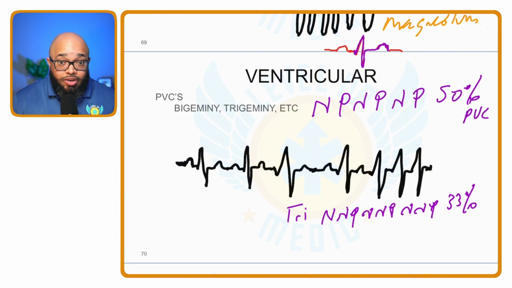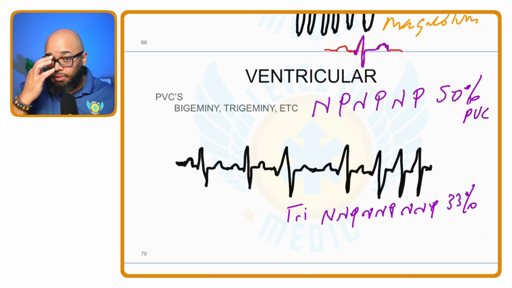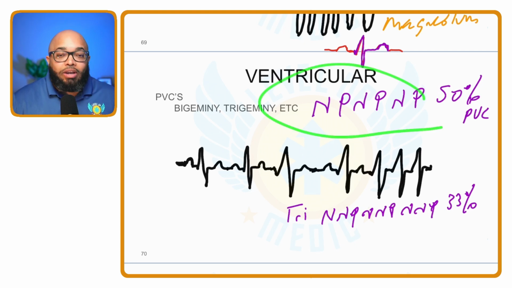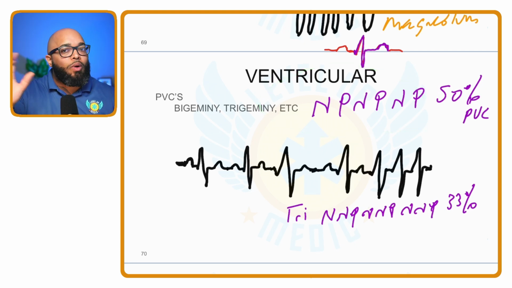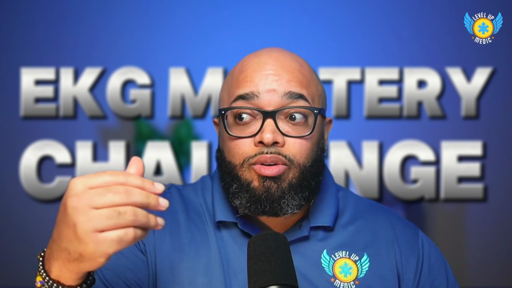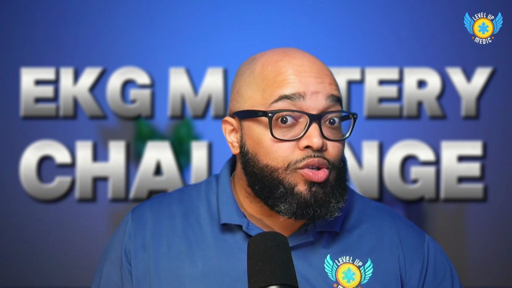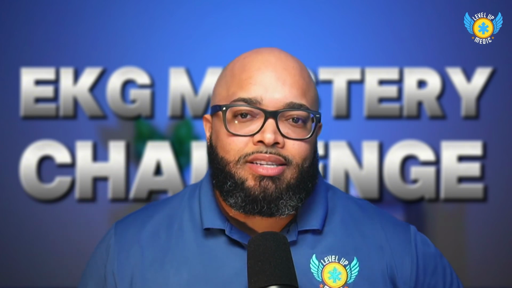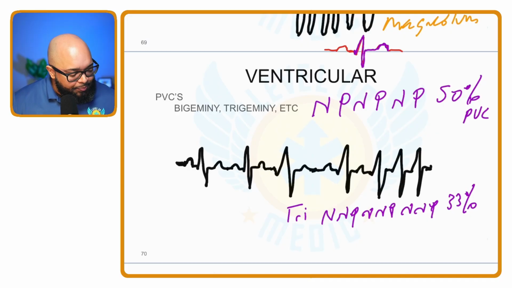So basically, you can tell that the bigeminy is actually worse because every other beat, like half of the beats, are not properly perfusing. So if you see this, or let's say somebody goes from quadrigeminy to trigeminy to bigeminy, things are rapidly changing for the worse. And so you need to very aggressively intervene with this patient. Okay? That's pretty cool, huh?